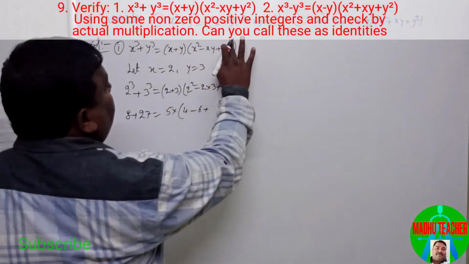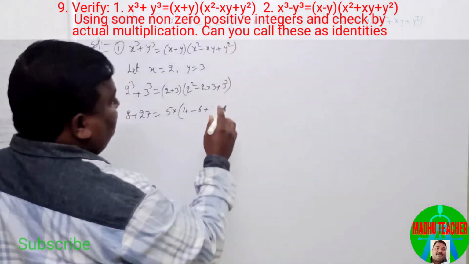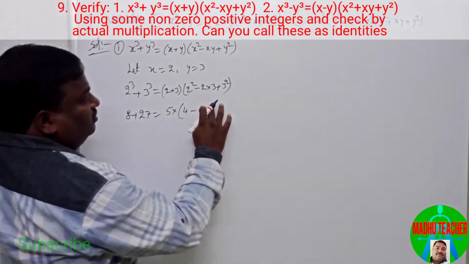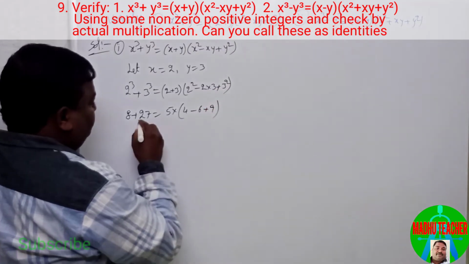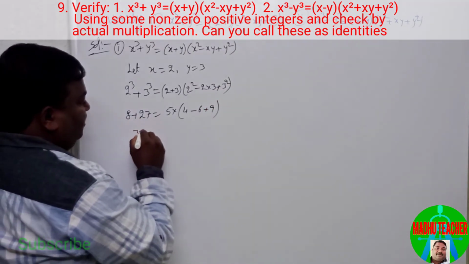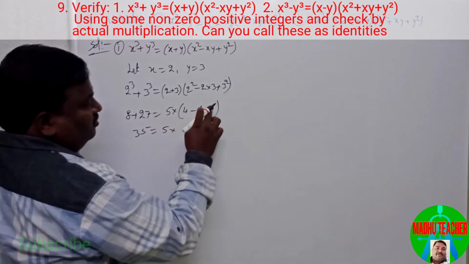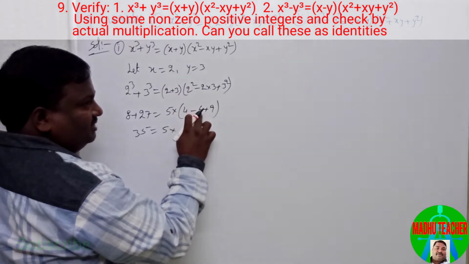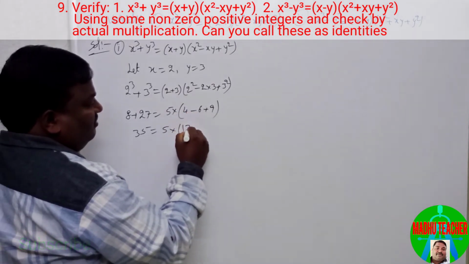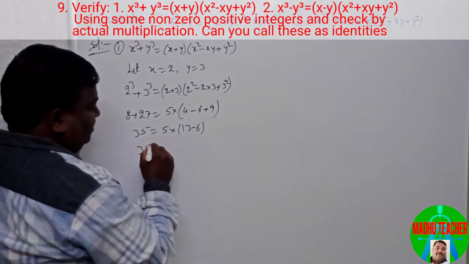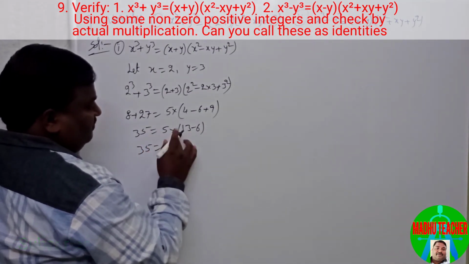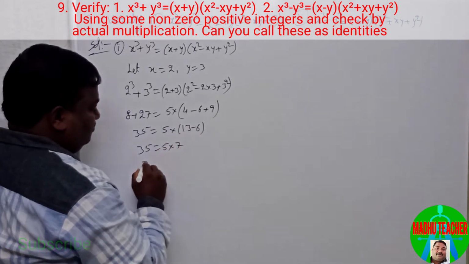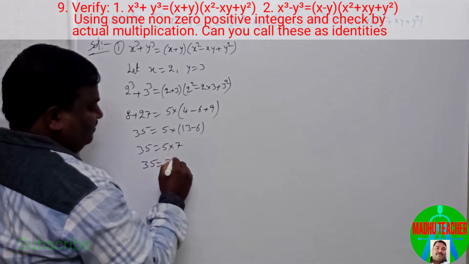Okay, sorry, this is y square. Okay, y square. So 3 square is 9. So 27 plus 8, 35, equal to 5 into, so these two have plus sign, so 9 plus 4, 13, 13 minus 6, so 35 equal to 5 into 13 minus 6 is 7, so 35 equal to 5 7s are 35.